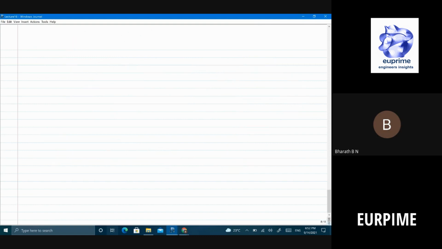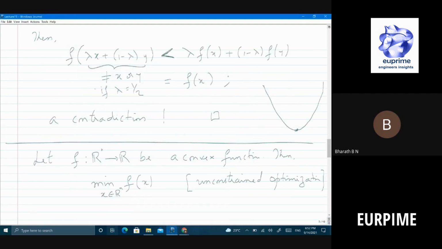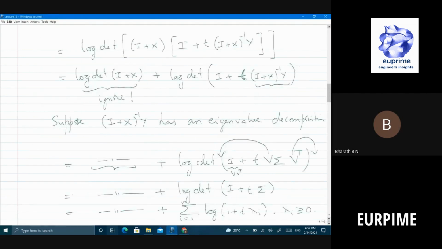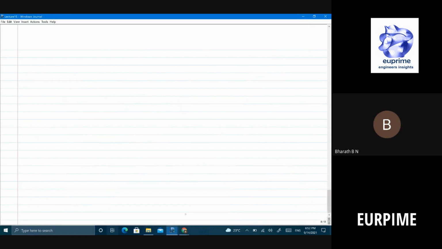Okay, so let's revisit the previous problem, right? So I said there is an issue, right? So let's look at what the issue is here. The function is log det of identity plus x plus ty, right?